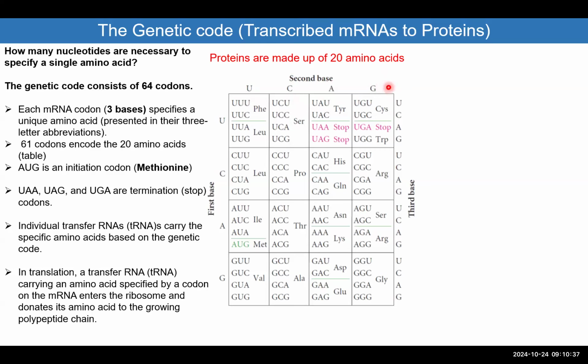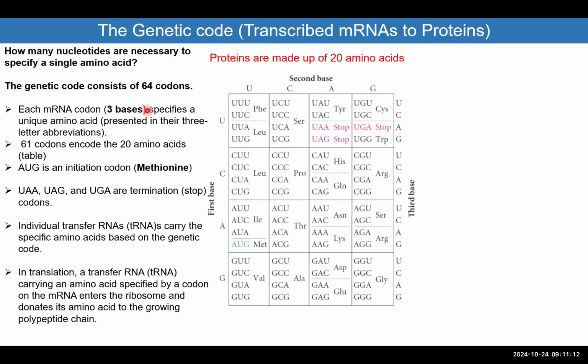So in principle, if you take these four by four, you have 16 different combinations, right? But there was a lot of research to understand how many nucleotides are necessary to make a single amino acid. There were a lot of theories, and then we ended up knowing that a codon of a messenger RNA is only three bases.